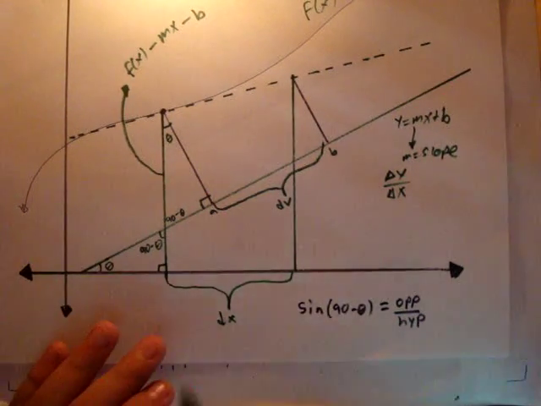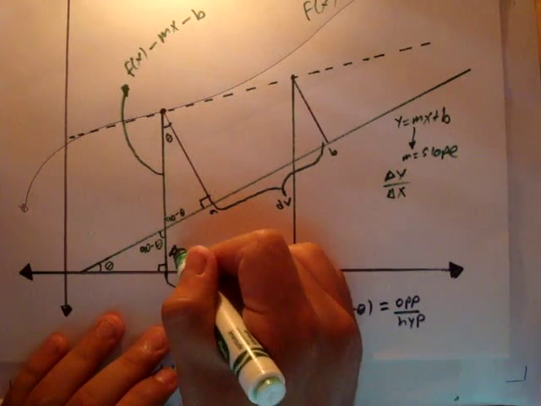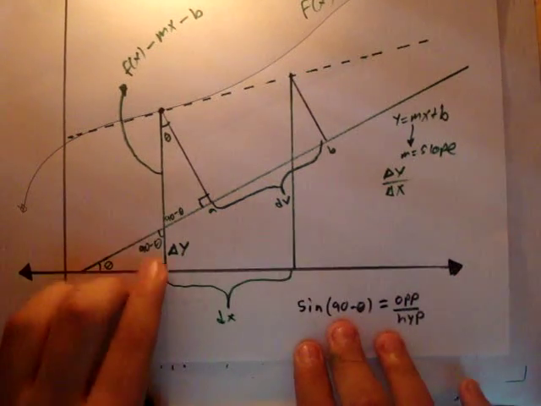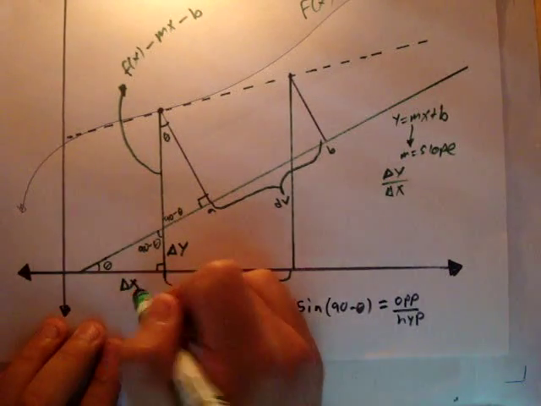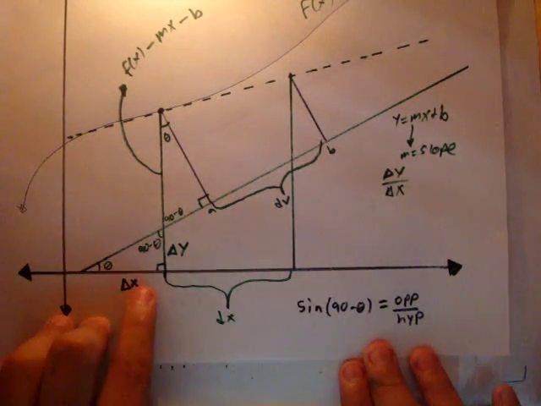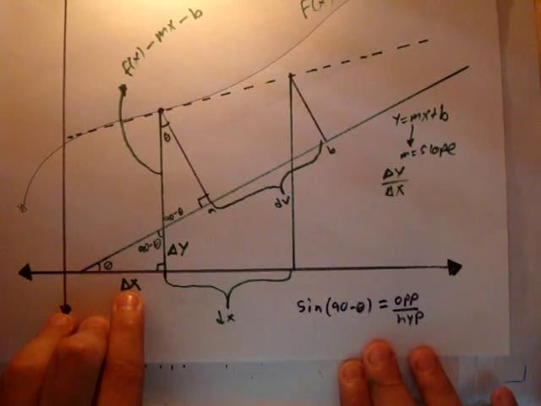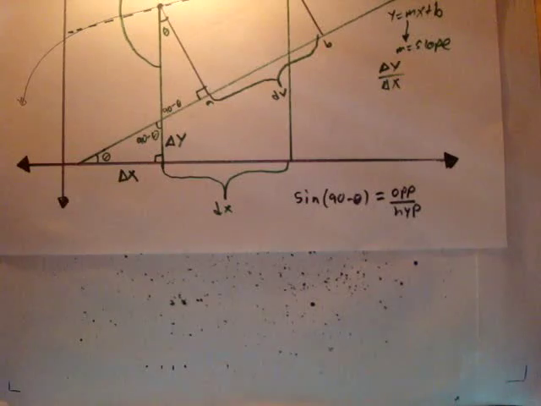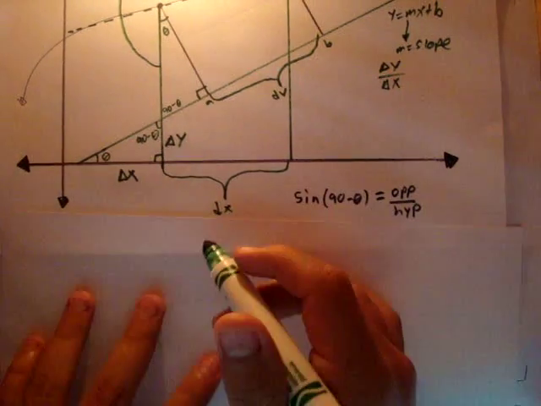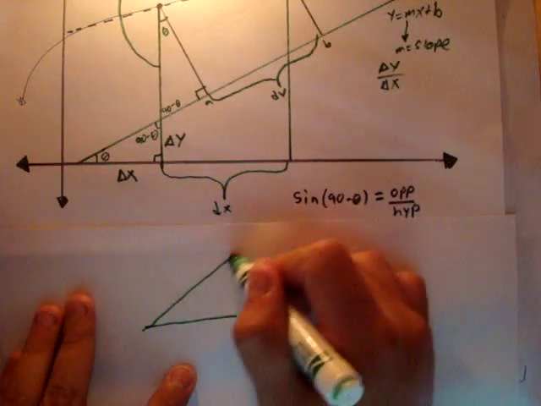Well, in this case, don't you see that this part right here, this is the change of y between any point in the slant line, and this point right here is delta x. So delta y divided by delta x, we can actually put that as a trigonometric property. So let's actually go and exploit that. So right here I pretty much drew a triangle.